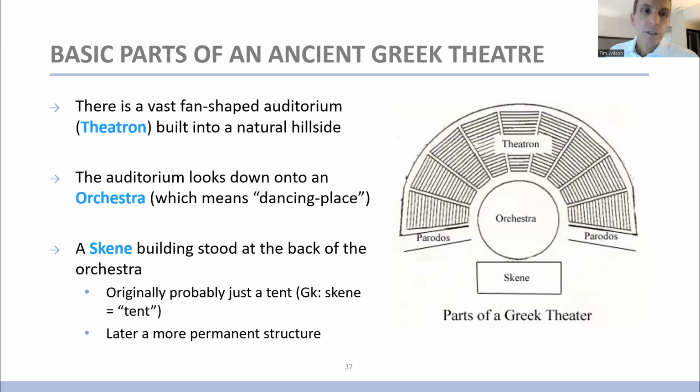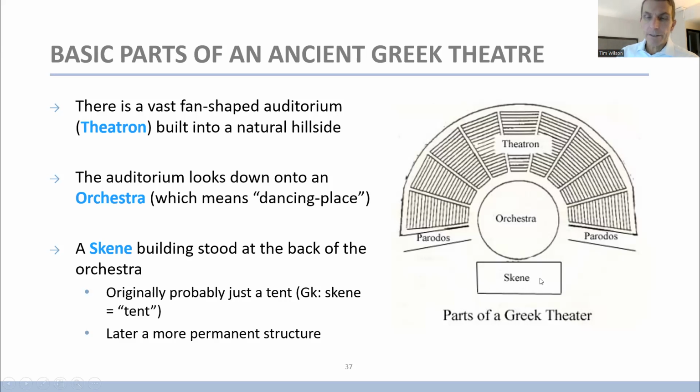In ancient Greek theater, our word for theater comes from theatron, which is a fan-shaped auditorium built into a natural hillside. The auditorium looks down into an orchestra, which means dancing place. And there's a skene building.